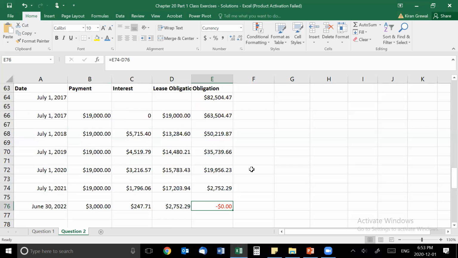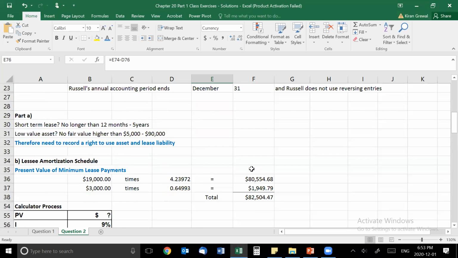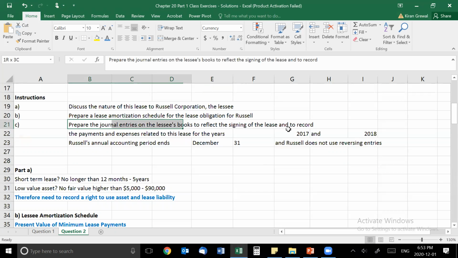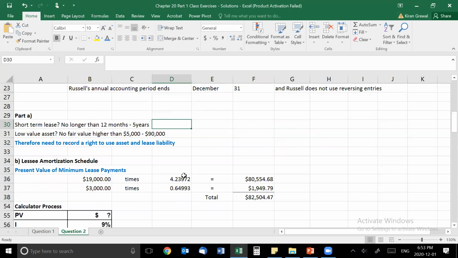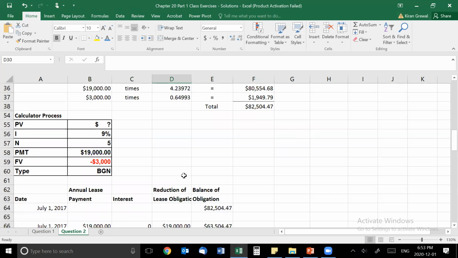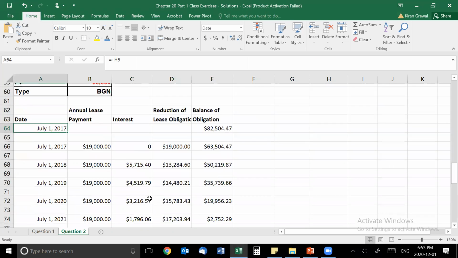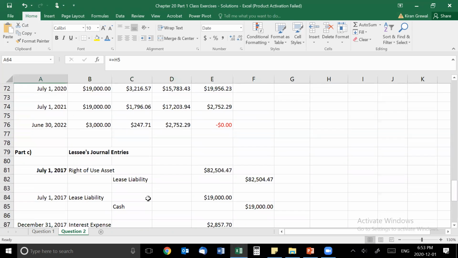All right, so just do your amortization table. Part C says to do the journal entries for 2017 and 2018, and our year end is December 31st. So for 2017, the first thing you do, July 1st, is set up your asset and liability.